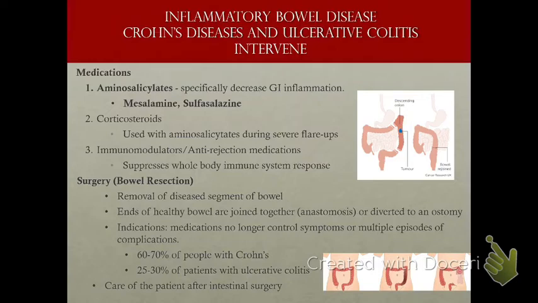If after they took this piece of bowel out, they decide those ends look a little too fragile to sew together, they'll divert the bowel out to a bag, to the ostomy, and let that bowel heal a little bit, and then go back in when it's not so angry and try to re-anastomose it.